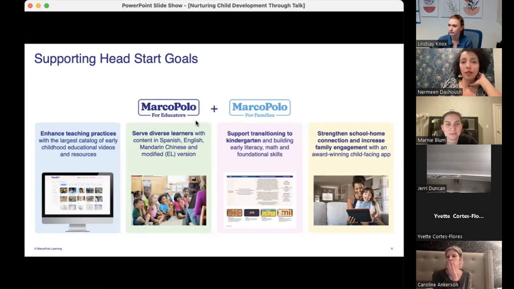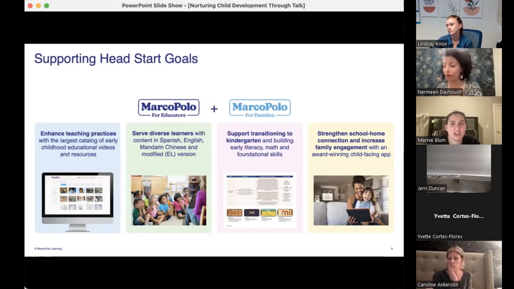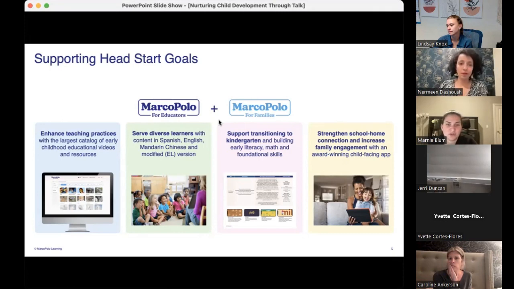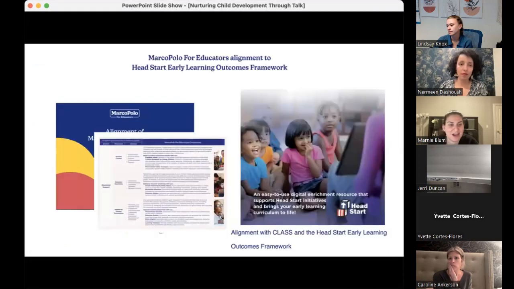And lastly, with MarcoPolo for Families, we strengthen the school-to-home connection and increase family engagement, which we know is very vital to Head Start and other early childhood communities.